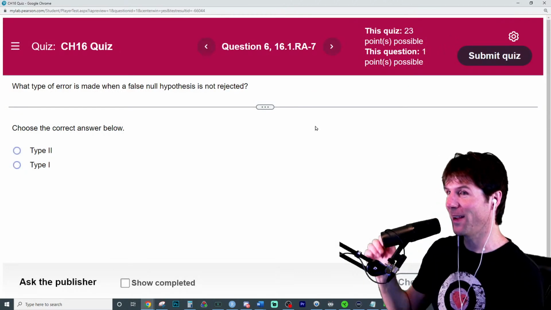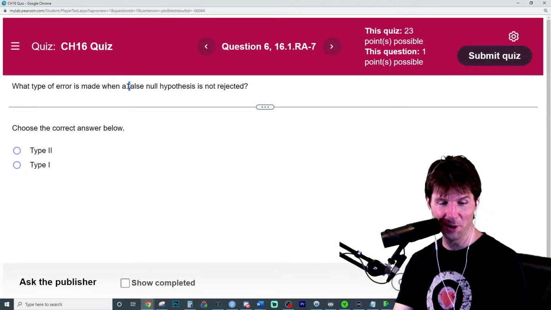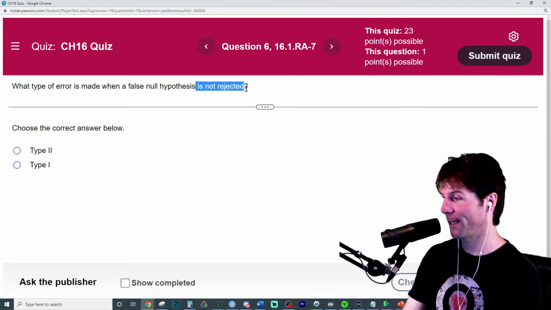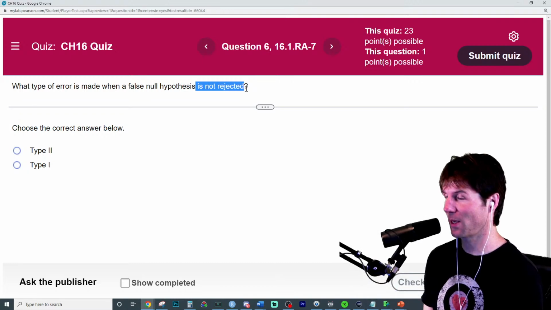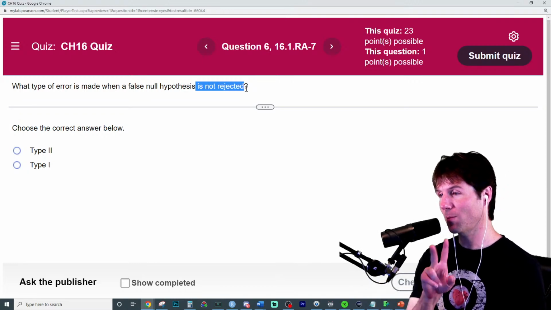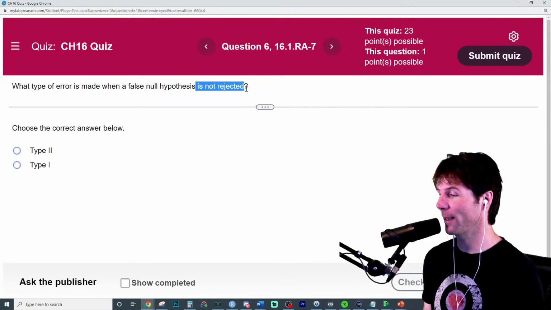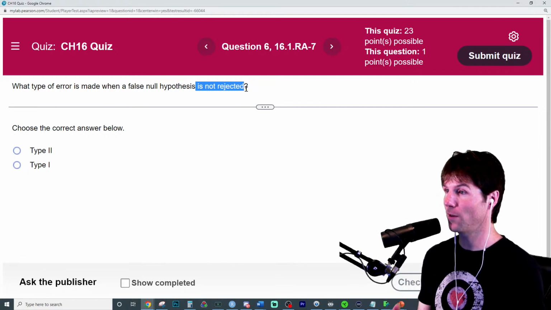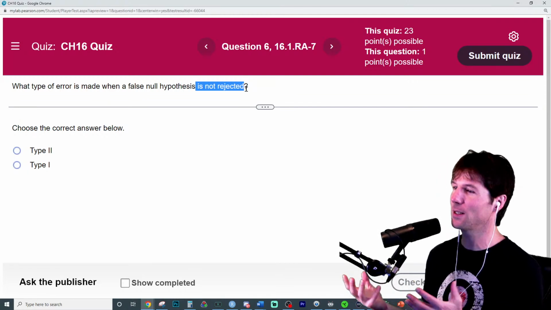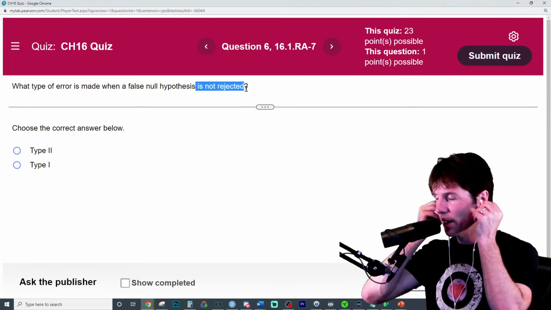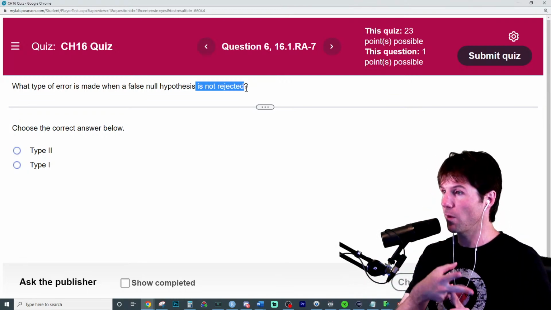What type of error is made when the null is false? Ooh, look at them being tricky. They say not rejected, but what would you rather say? That means the same thing. I'll say that sometimes, but if we're talking about this error, we'd say the null is false and we what? Which is the same thing as not reject, but what else? How would you phrase it? The null is false and we what?